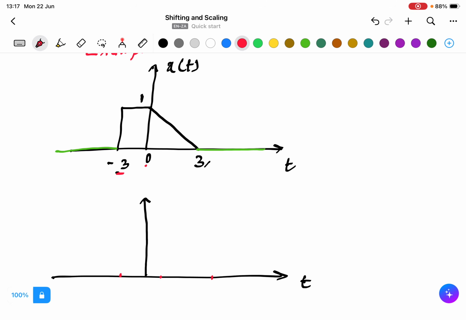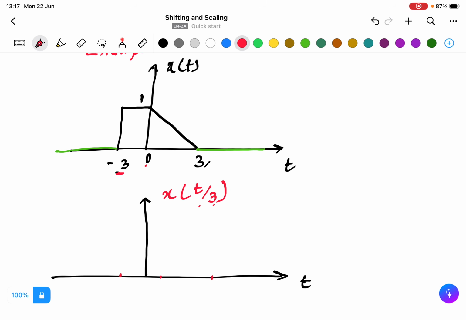Let's say now I want to say it's divided by 3, or you can say your a is equal to 1 by 3. So divided by 3 means that you are basically expanding the signal. If you are dividing the signal's time by a value, then basically the signal will expand over the time.